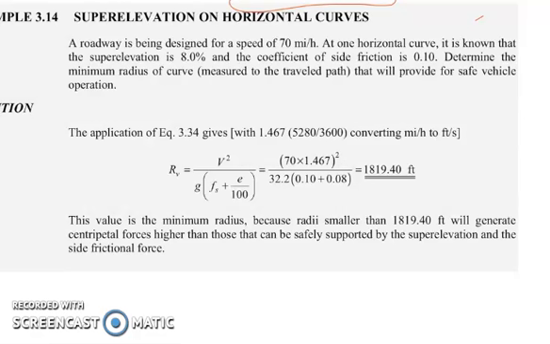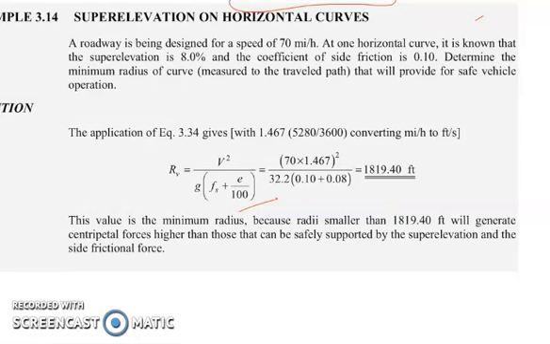The formula is R sub V equals V squared over g times the quantity f sub s plus E over 100. We have to take note that we need to convert our miles per hour to feet per second.